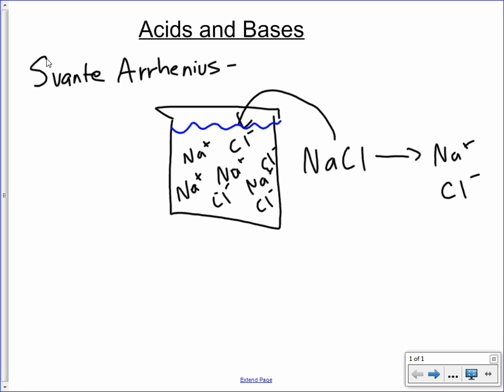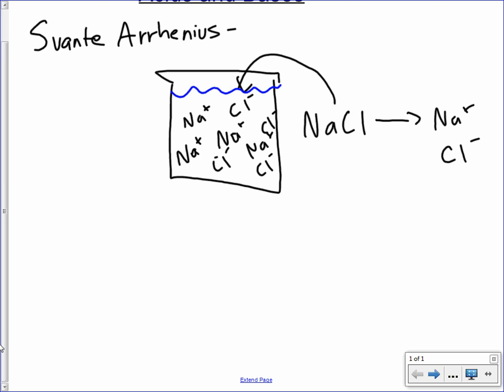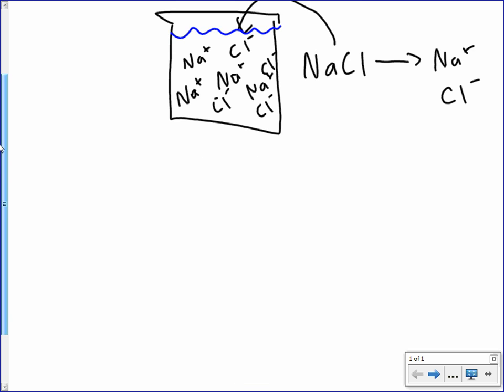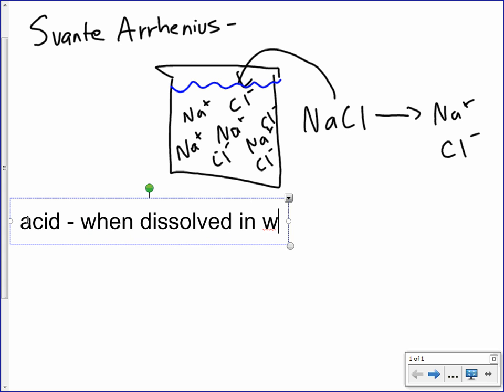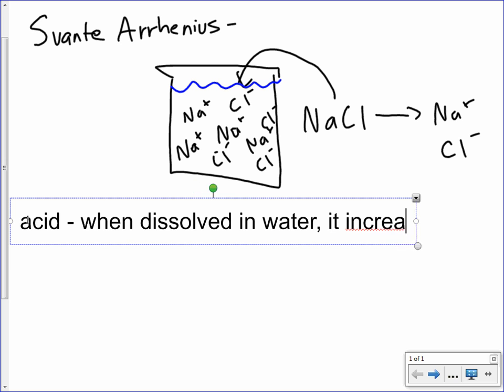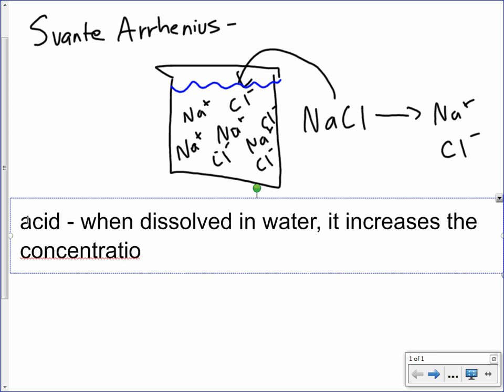So he based his definition of acids and bases off of this. He said an acid is just something that, when dissolved in water, increases the concentration of hydrogen ions in the solution.